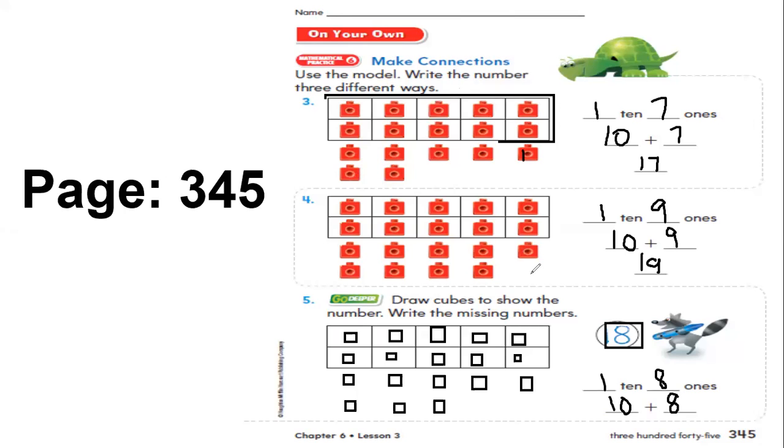Now let's move on to the next page, 346.